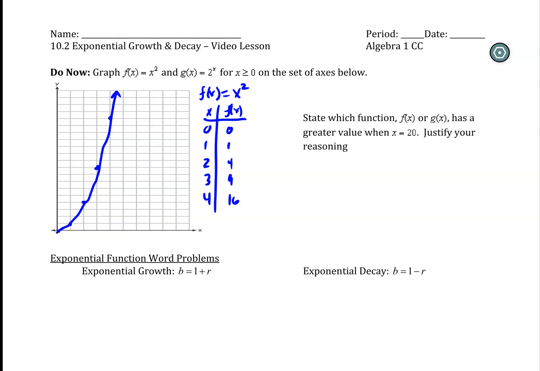All right, let's do another one here for g of x. It's 2 to the x. So we're going to do x and g of x, aka the y. We'll do the same values, 0, 1, 2, 3, 4. And I've got 1, 2, 4, 8, 16.